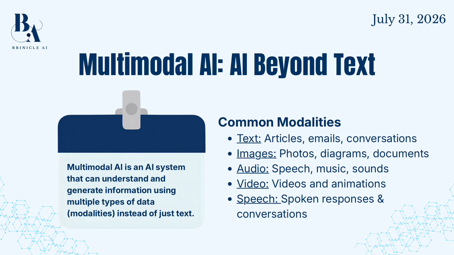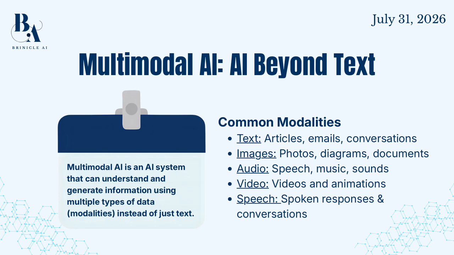Early AI systems were usually designed for one type of data. Some models only process text, while others specialize in image or speech. Modern AI is becoming multimodal, meaning it can work with several types of information at the same time. Imagine asking an AI to analyze an X-ray image while also explaining the result in simple language, or uploading a chart and asking it to summarize the trends.